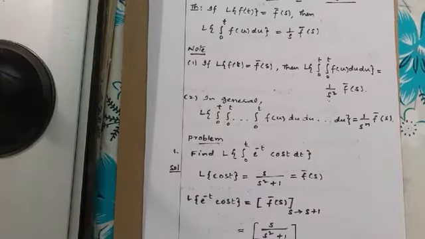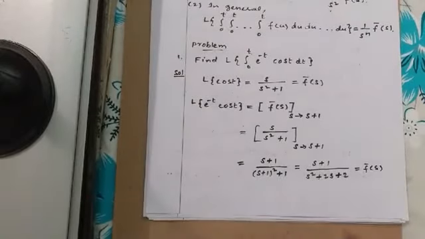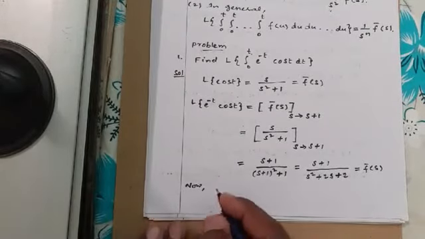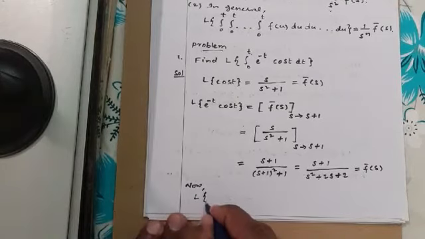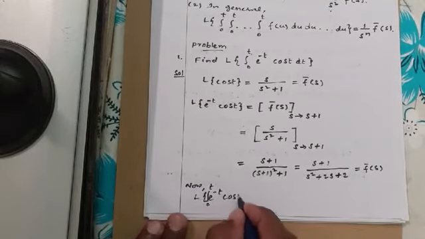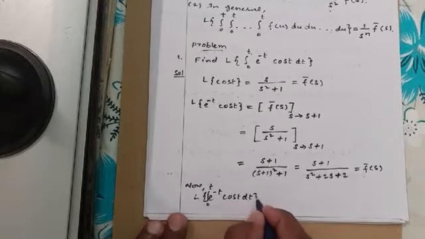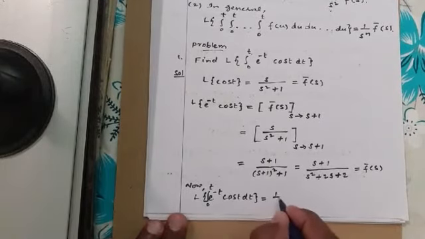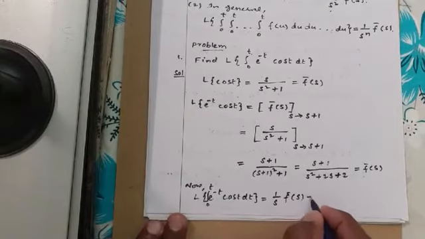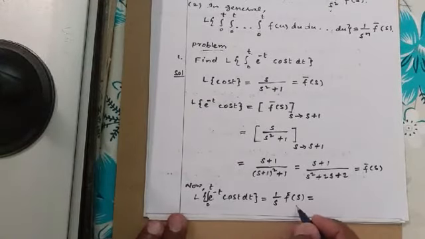Now let us have the result. Laplace of integral 0 to t e power minus t cos t dt is equal to 1 upon s f bar s, because we have only one integral, so we write 1 upon s f bar s.